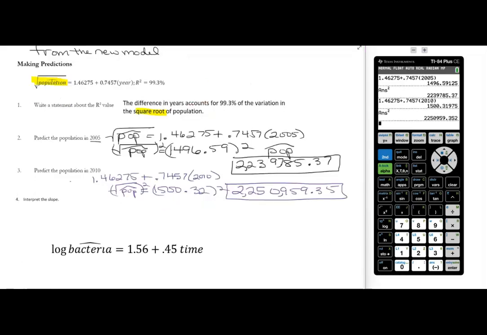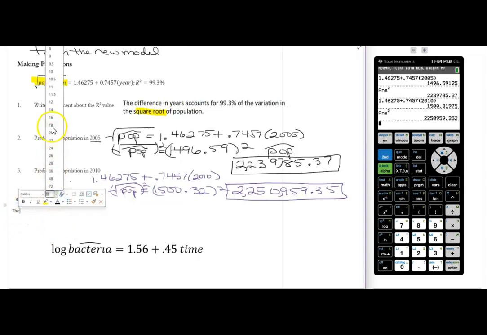Okay, so you plug in 2010, and you get 1,500, and then to get rid of a square root, you square it. Okay, so now interpreting the slope, and so remember slope is the change in x, or the x goes up and down. So your y is population. But it's not just population, it's the square root.